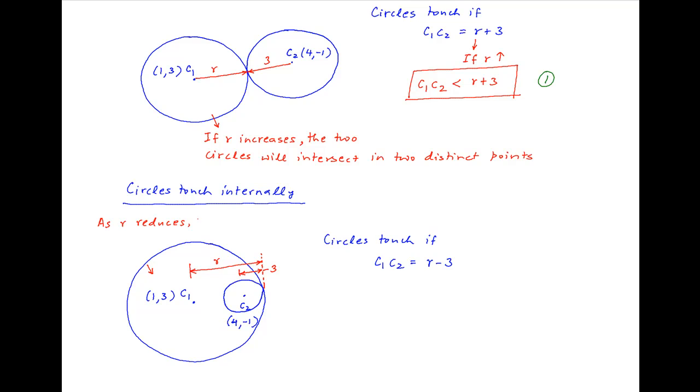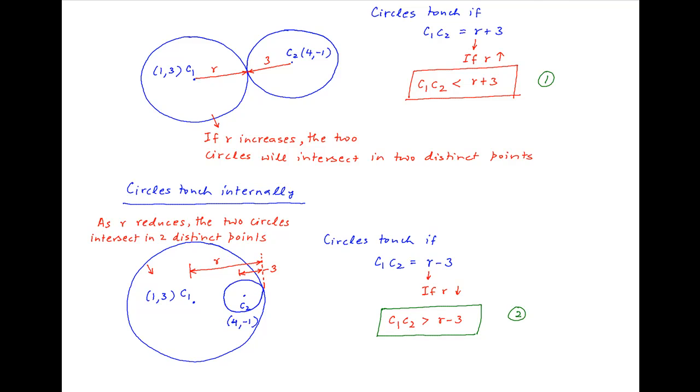Now as the radius of the first circle reduces, the circle shrinks in size and starts cutting the smaller circle at two distinct points. Now as r reduces, C1C2 becomes greater than r − 3.